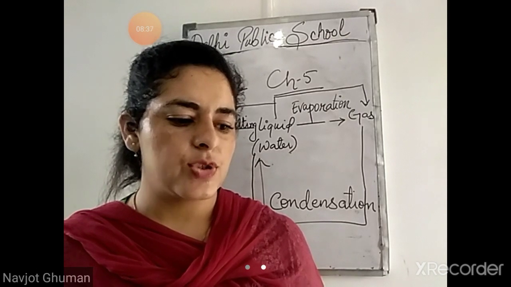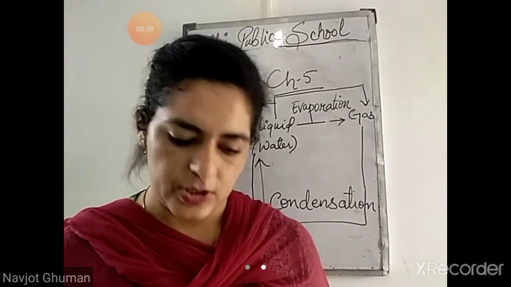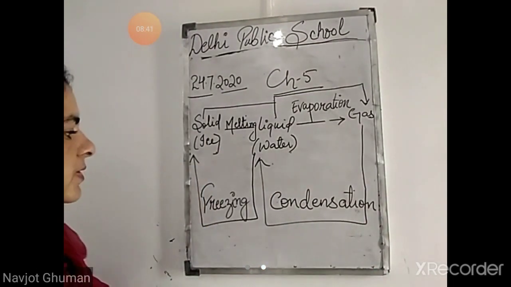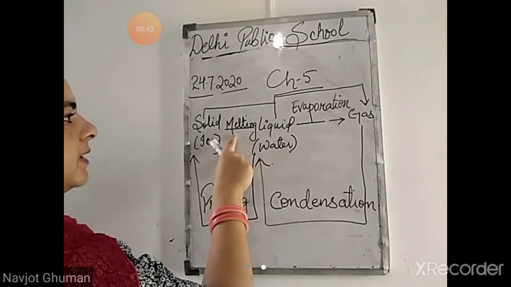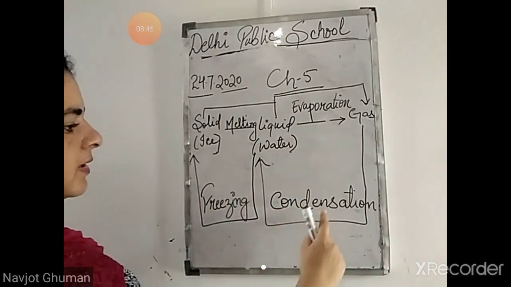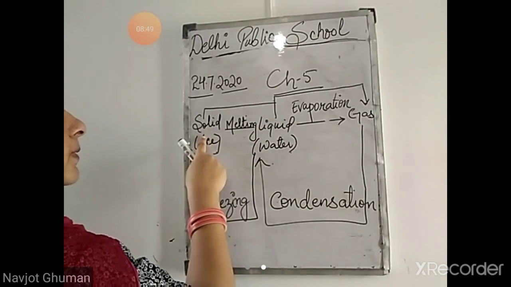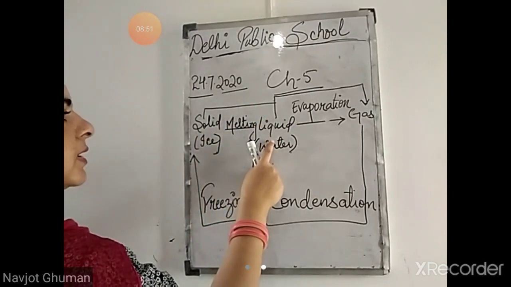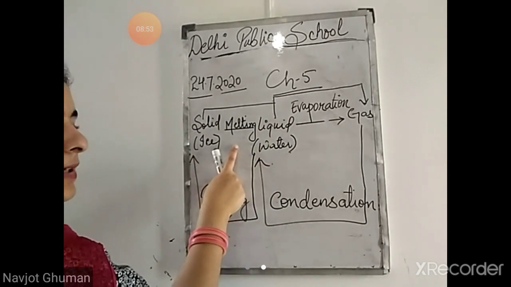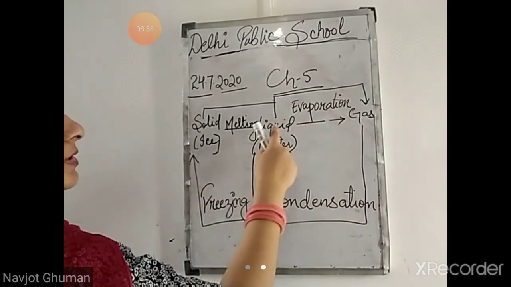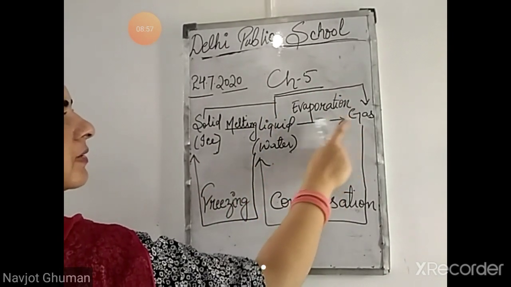Next, we read about change of form. In change of form, we read about the four processes. The first was melting, then evaporation, condensation, and freezing. Melting was the process of change of solid into liquid on heating. Evaporation, the change of liquid into gas on heating.